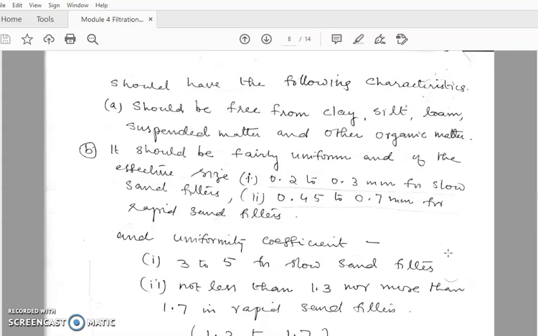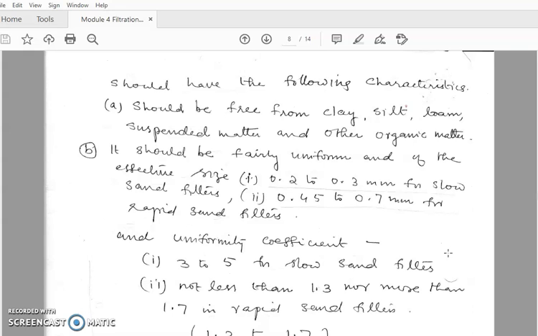So effective size, you know, is the D10, that is 10% of the particles will pass through a 0.2 to 0.3 mm size sieve. That is the effective size. Then for rapid sand filters, it should be 0.45 to 0.7 mm. That means a little bit larger size than the slow sand filters.